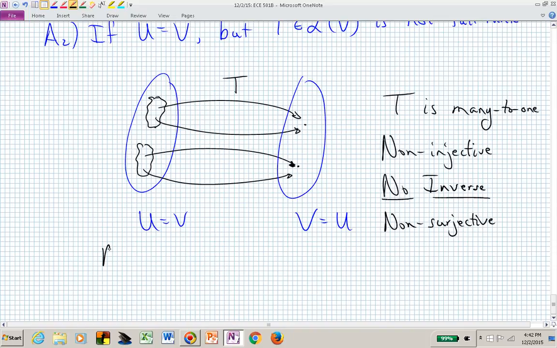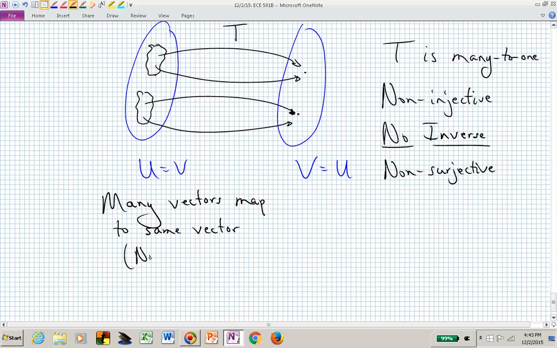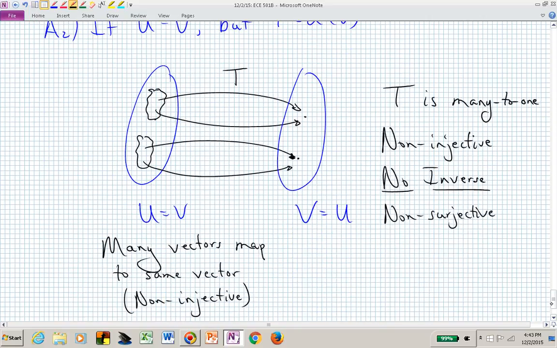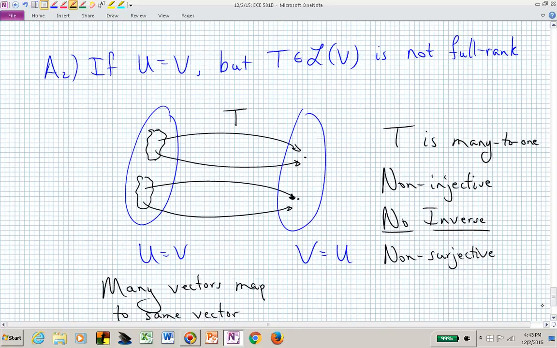In this case, many vectors map to the same vector, and that's what we mean by non-injective. So this is what we're trying to obtain for answer 2.